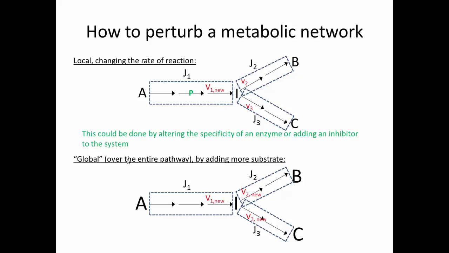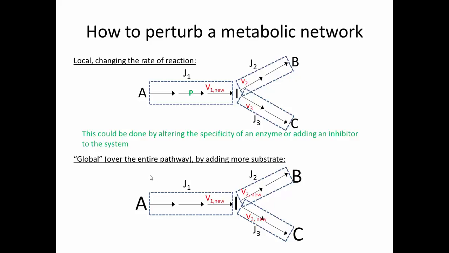We could affect the metabolic network globally over the entire pathway. This could be done by adding more substrate. We could add 10 times the amount of substrate we'd added before, so substrates in vast excess.